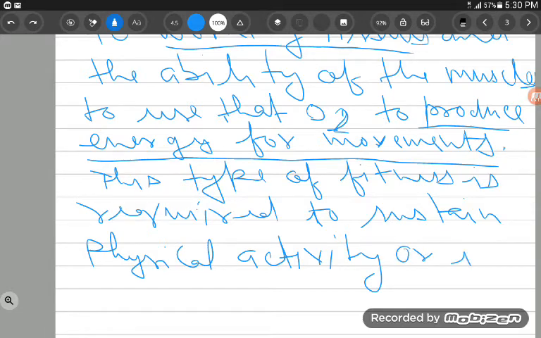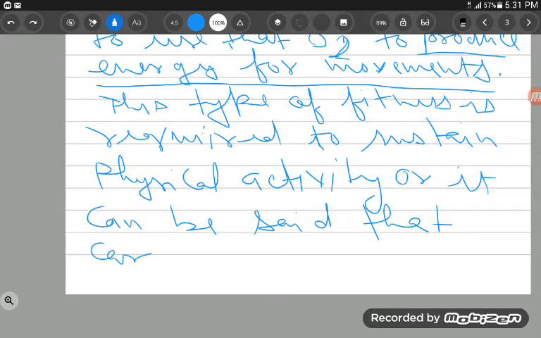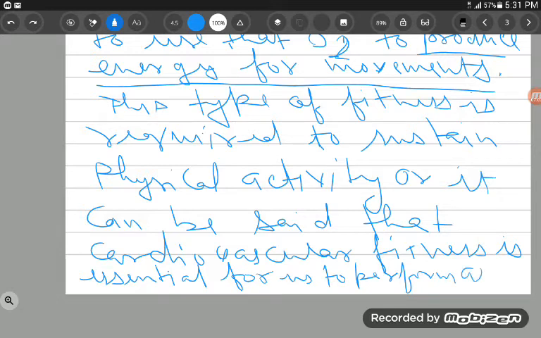Or it can be said that cardiovascular fitness is essential for us to perform aerobic activities.